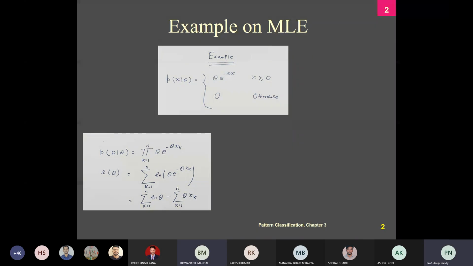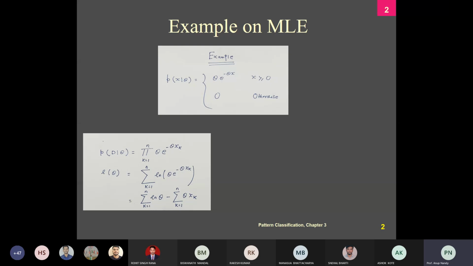You do the differentiation with respect to theta and equate to 0. Then you will have one value of theta. What will be the value of theta? You have ln theta, which means it is n times ln theta because it is a constant.